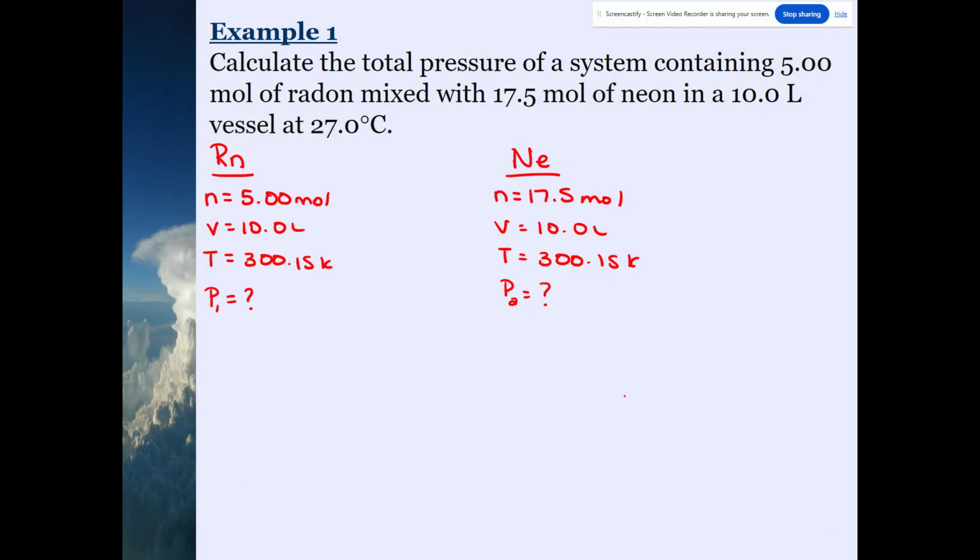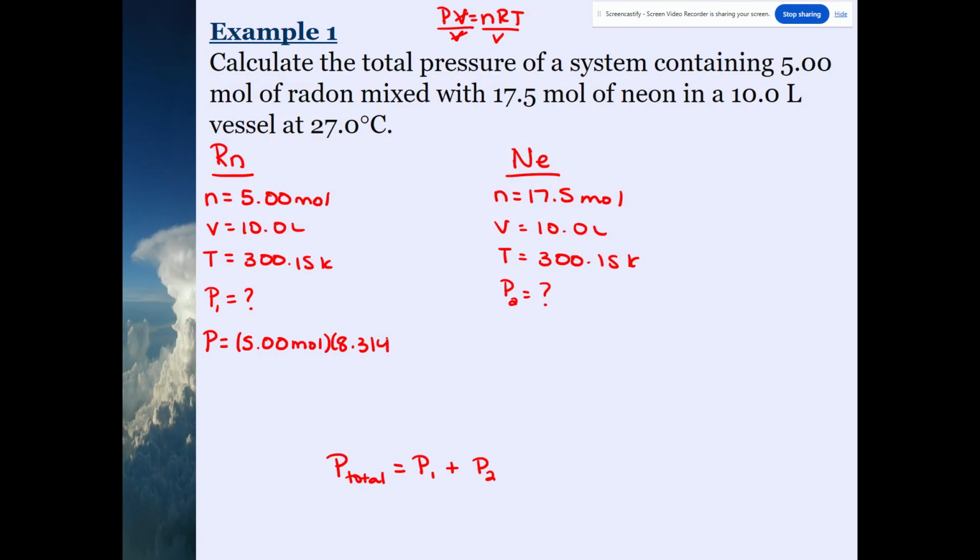Okay? And so once I get the partial pressure of each gas, my total pressure is going to be found by adding each of those partial pressures. Okay? So we have our formula, PV equals nRT. If I want to solve for P, I need to divide both sides by V. So my pressure is going to equal nRT, 5 moles, times 8.314.